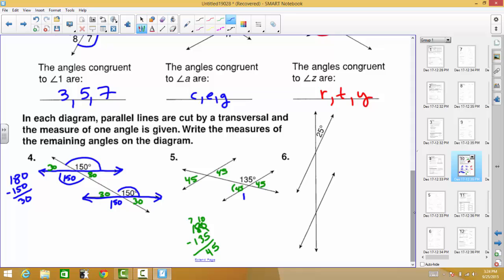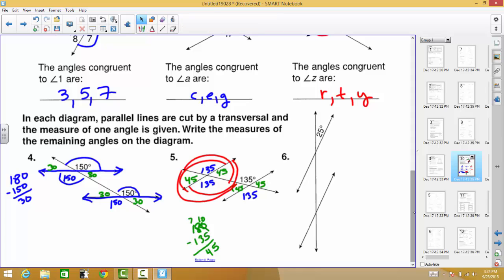And then the 135 are the rest. And if you want to look at this even more deeply, this is a linear pair. This right here is also a linear pair. This right here is also a linear pair. And then these two are a linear pair. So there's linear pairs as you go all the way around. That's why they have to be the same.